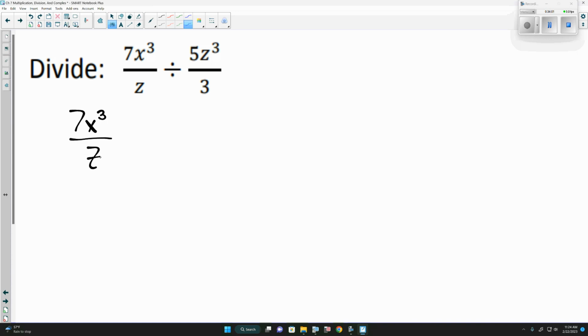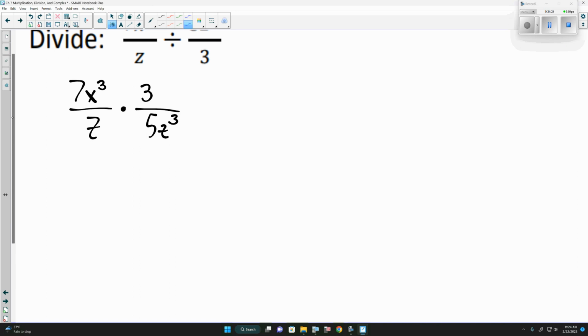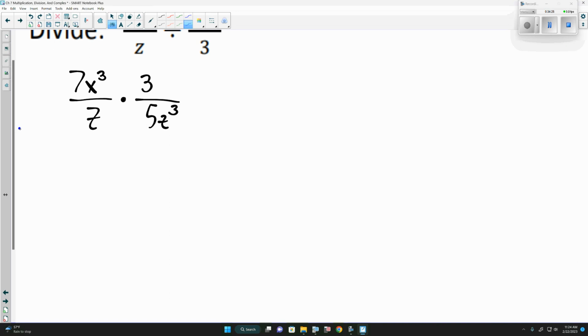We change it from division to multiplication and flip the second rational expression. So we keep the first one the same, 7x cubed over z. We change it from division to multiplication, and we flip the second rational expression to 3 over 5z cubed.